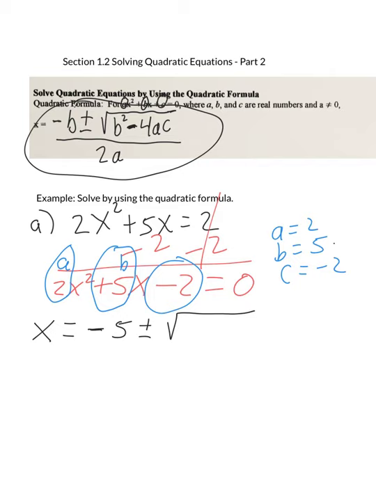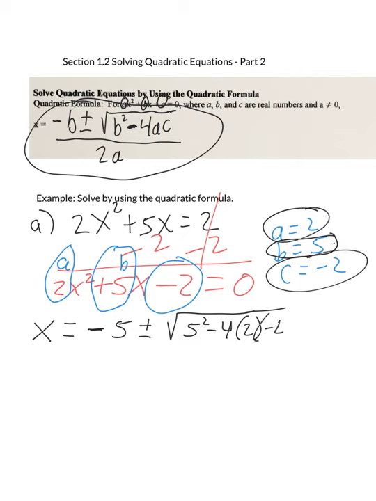Again, b is still 5, so 5 squared minus 4 times, I'll use parentheses for times, a, which was 2, times c, which was negative 2. All over, so that whole right side has a fraction bar, 2 times a again, which is still 2.